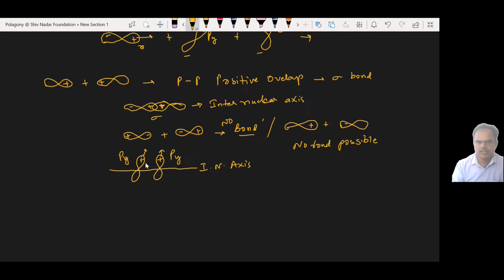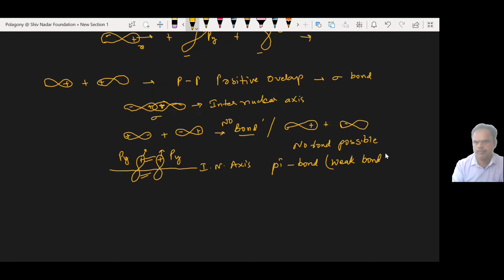When these two py orbitals of different atoms come closer, the only possibility is side-on overlap, since the orbitals are perpendicular to the internuclear axis. As a result, what kind of covalent bond is possible? A pi bond is possible, which is a weak bond compared with the sigma bond.